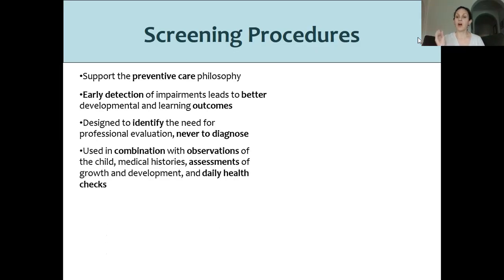And again, this is all used in combination with observation. So the teachers, the care professionals that are with these children day in and day out, along with the parents, are putting their observations together to really help add that layer of emphasis on the need for a screening procedure.